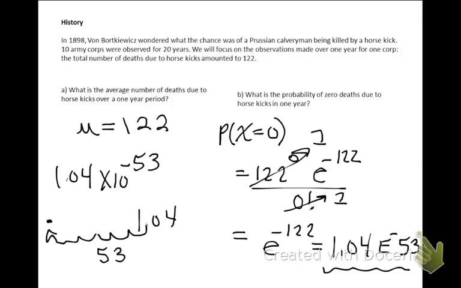What I'm saying is that there's a string of 52 zeros here, and then the 104. This is practically 0. So this tells us the probability that no one will die from a horse kick in 1 year is almost 0. It's highly likely someone's going to die by being kicked by a horse.